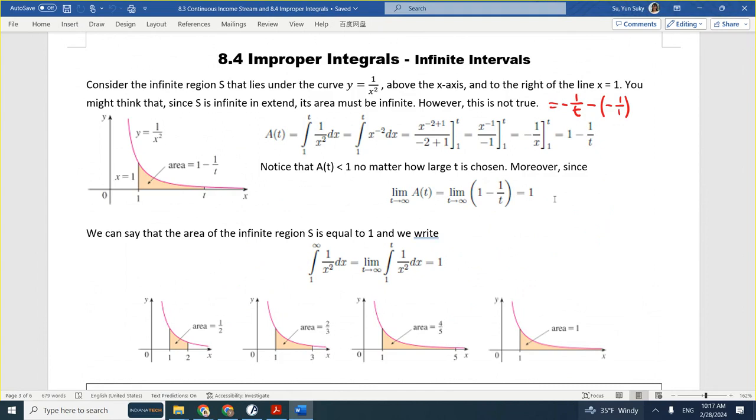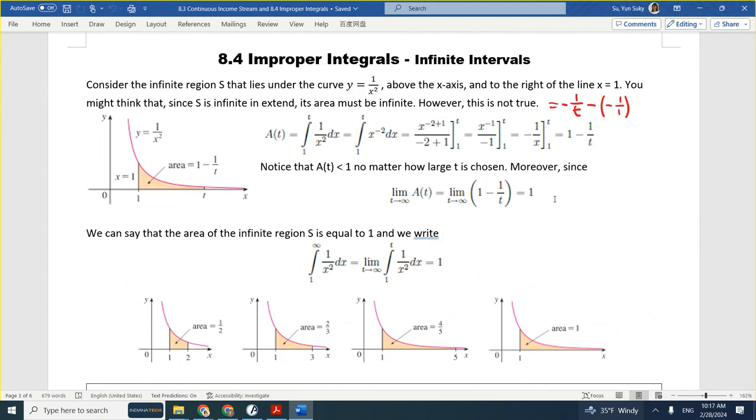And how do you integrate? You need to make it the standard form first, right? x to the negative 2, and then how do you integrate? Power rule, add 1 to the exponent and divide by the new exponent. Yes, everybody? And that's why it's minus 1 over x, evaluated from 1 to t.